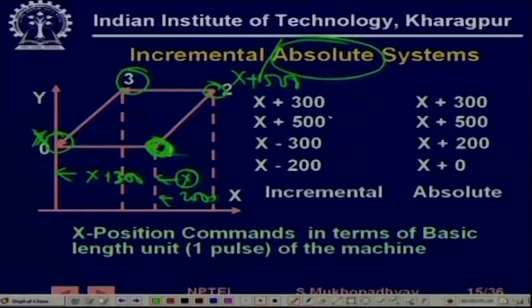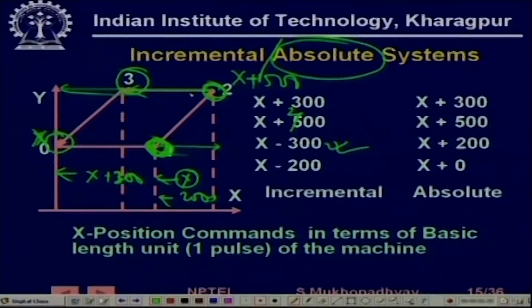The next instruction to the machine will be x plus 300, x plus 200, actually this should have been 200. Then you have come to this point, and if you want to go to 3, you have to do x minus 300, and then from 3 to 1 you have to do x minus 200.